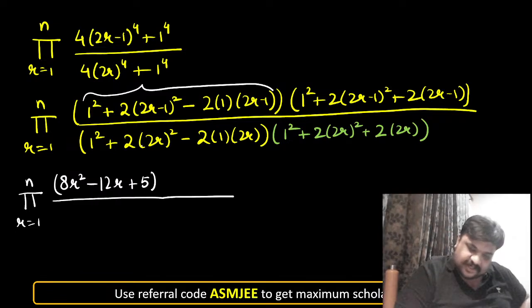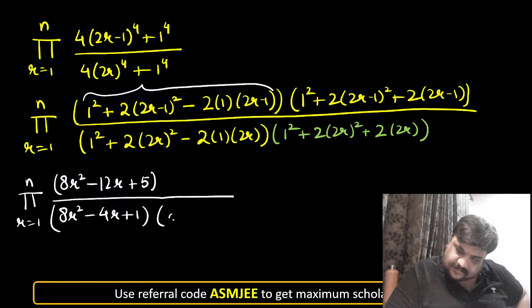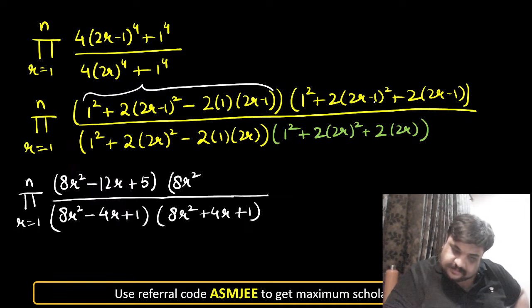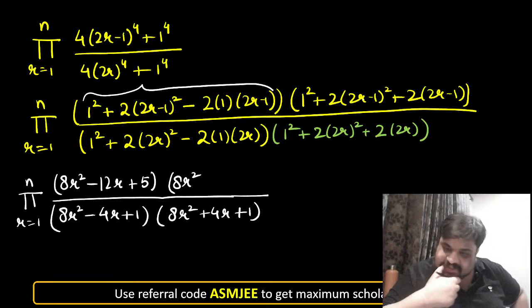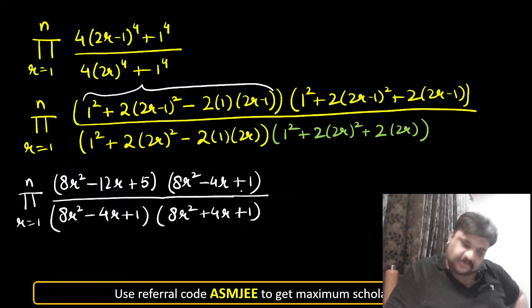Please check the calculations of the first bracket. 4r square into 2, 8r square minus 4r plus 1. 8r square plus 4r plus 1. 8r square, minus 8r, minus 4r, plus 1. Wow. So we are on the right track.